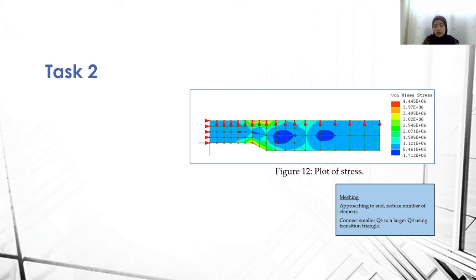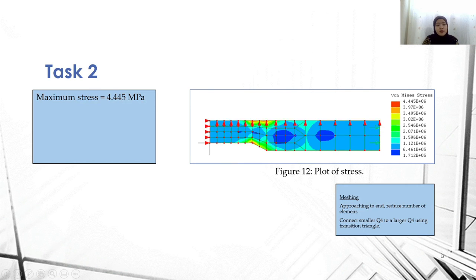For the meshing, I am using Q4 to mesh the model, and approaching the end, I want to reduce the number of elements. So to connect a smaller Q4 to a bigger Q4, I am using a transition triangle at this area. The maximum stress based on figure 12 is 4.445 megapascal.